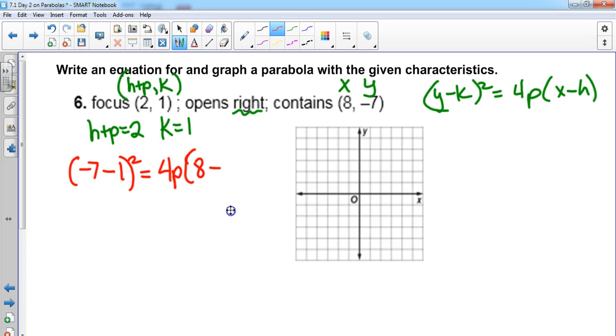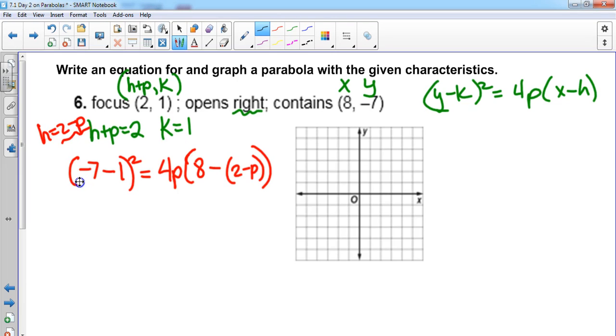Minus, okay, we don't know h. Do we want to deal with two variables? No. What could we do to find h right here? H equals 2 minus p. So right in here, I'm going to write 2 minus p, and I do need an extra parenthesis. Okay, no crying. It's pre-calc. No crying in pre-calc. We can do this.